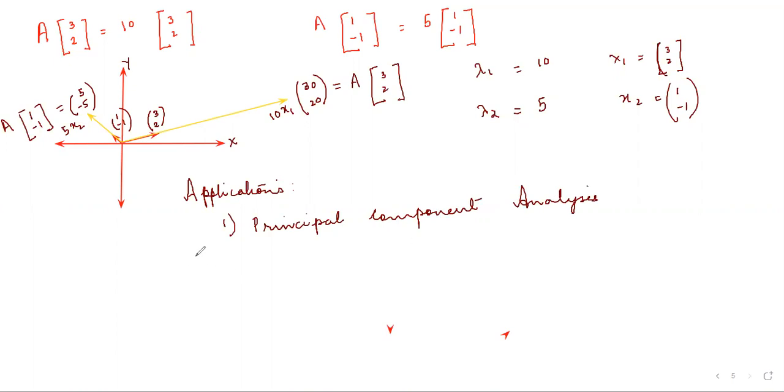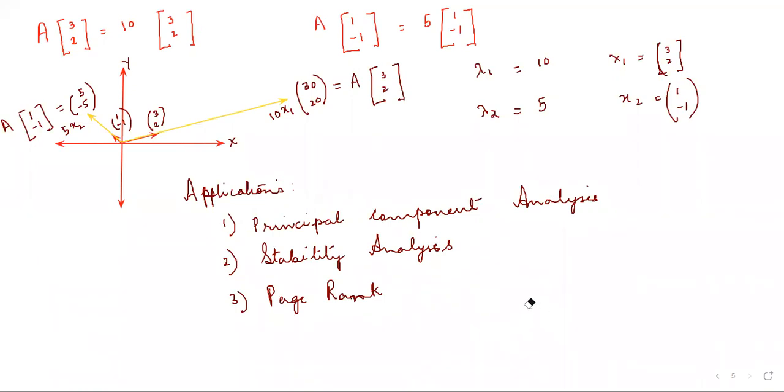Second, in physics, we have stability analysis. Then you can look up page ranking, PageRank. So these are the many different ways in which the concept of eigenvalue has been used.